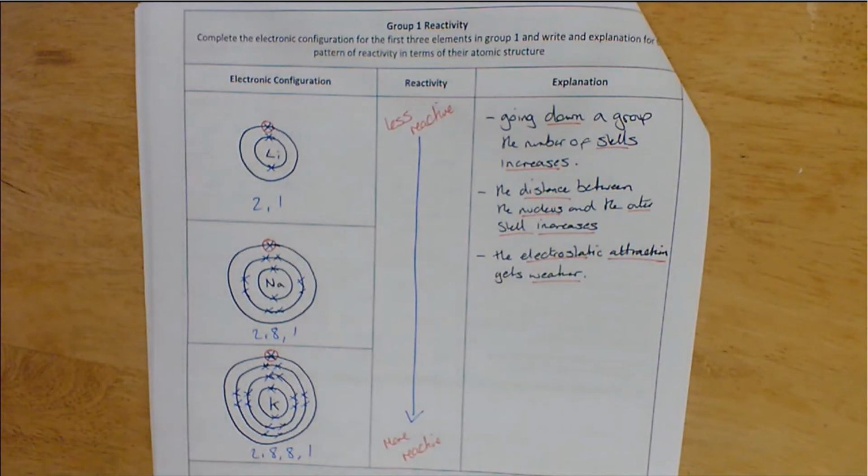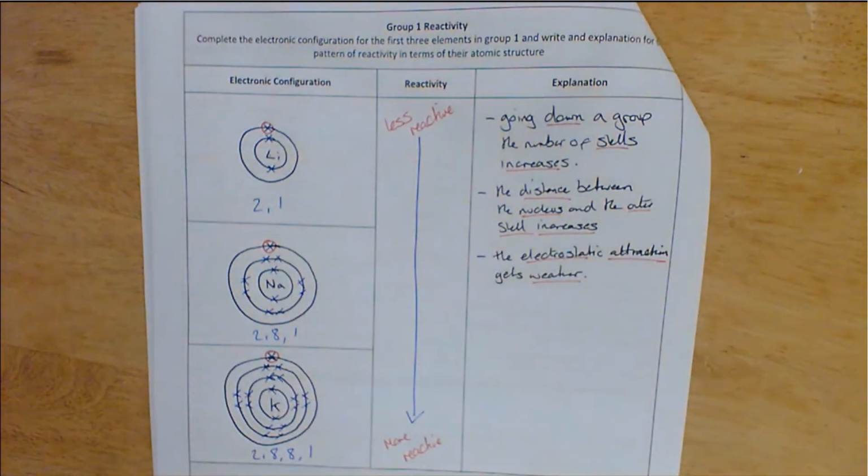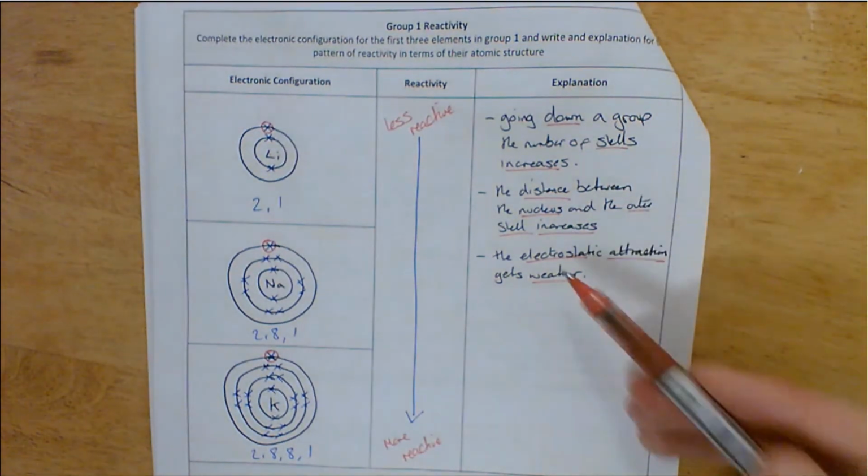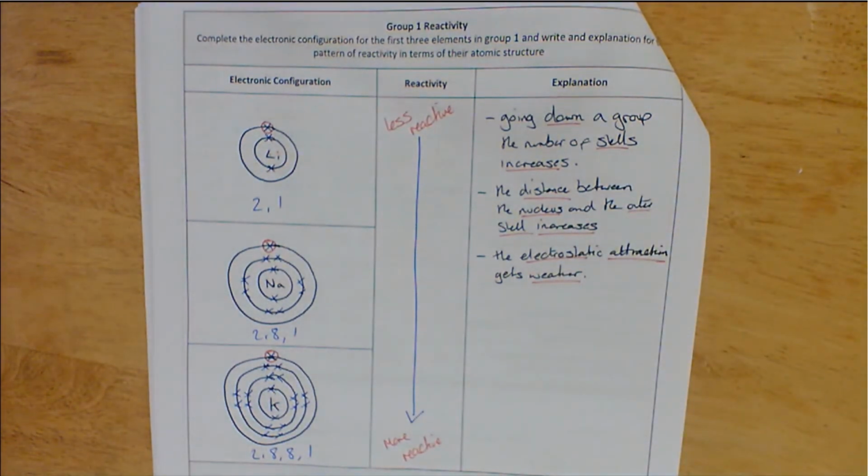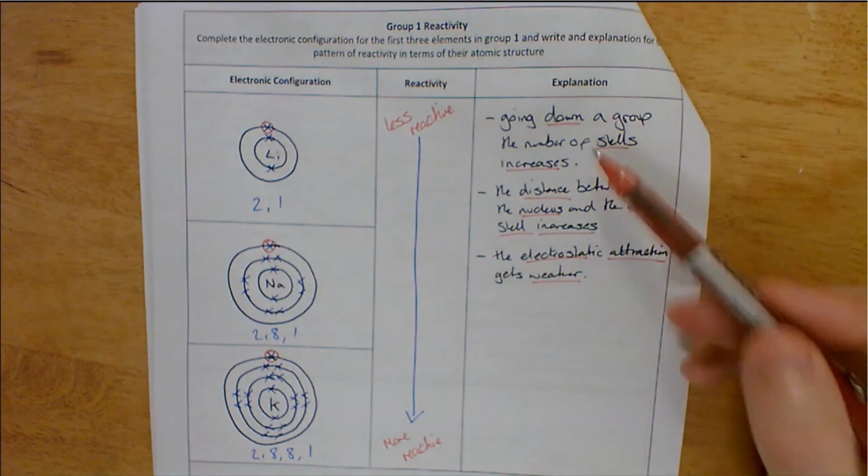If we're talking about group 1, this is true. Group 2, this is true. Group 3, this is true. Even if we're talking about non-metals like group 6 or group 7, these 3 points are still true. So if you're asked to explain the reactivity down any group, then you write these 3 things.